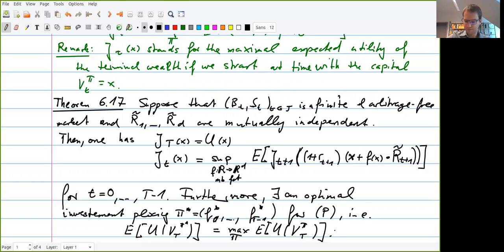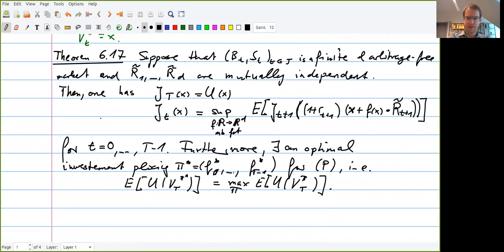All right. What is the picture here? We start at time 0 up to time T. This is our timeline: time 1, time 2, time 3.